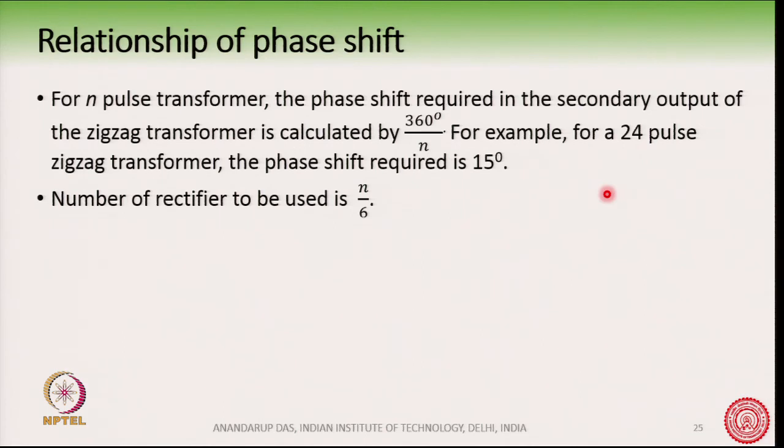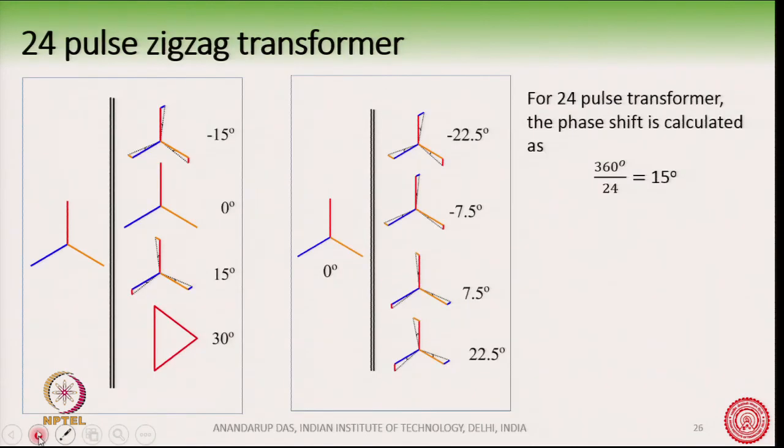Let me show you a connection here. You see here a 24 pulse zigzag transformer connection. Here the primary is connected in star and there are 4 secondaries. Why 4 secondaries?